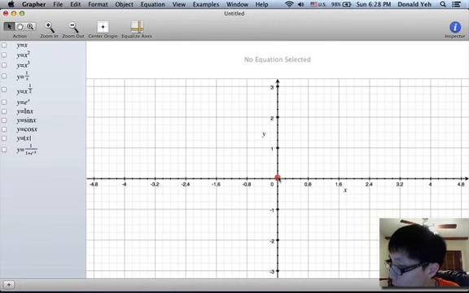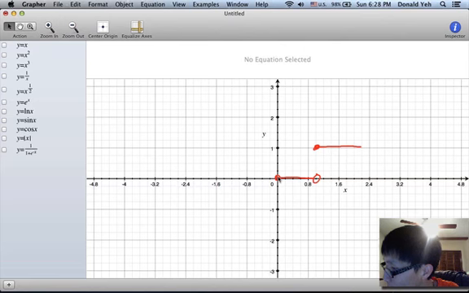It's going to be here to an open circle here, and here open circle to 2, and from here it's going to be a closed circle to an open circle to 3, and this is called the step function.